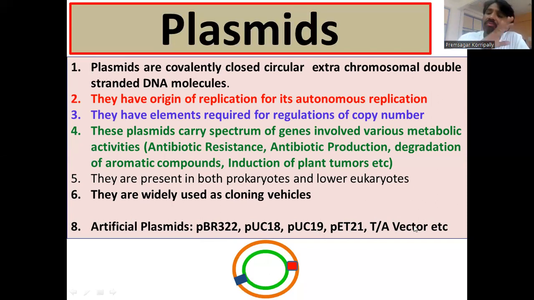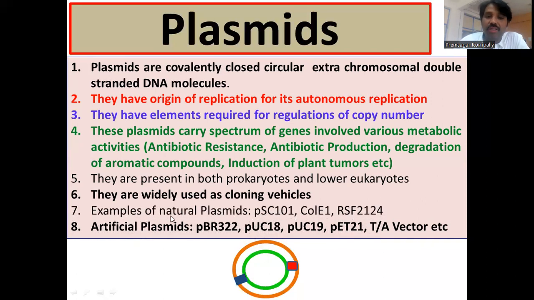A series, n number of vectors are available for cloning and expression of your gene of interest. And some natural plasmids are also used for cloning. They are pSC101, ColE1, and RSF2124. These are the earlier natural plasmids used for cloning.